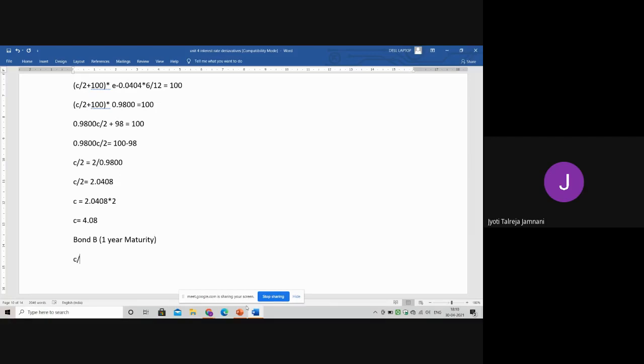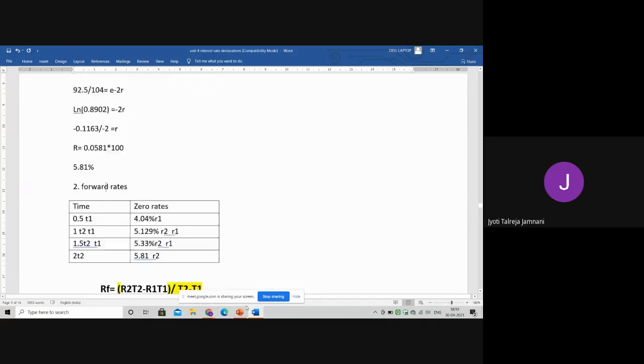It's C by 2 into e raised to minus that 6-month bond A rate, which is 0.0404, into 6 by 12, plus, in the second period, we'll get C by 2 plus the principal amount, because it has only 1 year maturity, into e raised to minus the rate of the 1 year bond.